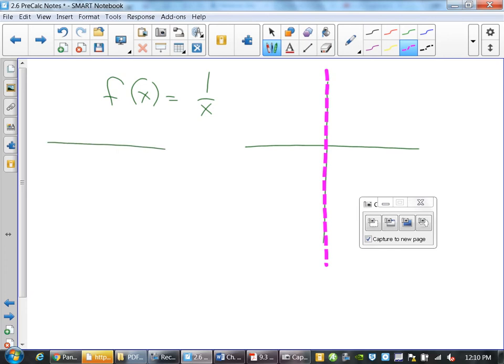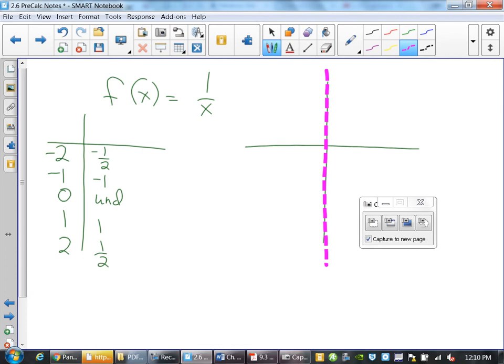When we first graph stuff, we always made tables. We did stuff like that. So if x is -2, what's f of x? -1/2. At -1, it's -1. 0 is undefined, and then it's 1, and then 1/2.